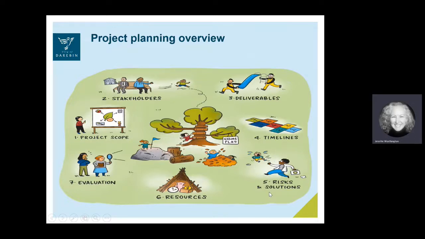So for example, if there's a risk of injury, or also how you're going to make your activity COVID safe. The resources: is it money? Is it materials? Is it a venue? Is it people? And the evaluation: if you're aiming for 50 people, how are you going to know that 50 people attended and benefited from it?